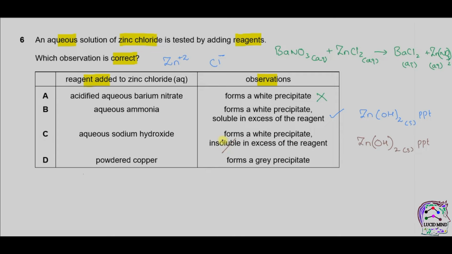This is incorrect because zinc hydroxide is soluble in excess sodium hydroxide. Part D, powdered copper, if added to zinc chloride, forms a gray precipitate. As copper is less reactive than zinc, this reaction will not occur. The only correct option is part B.